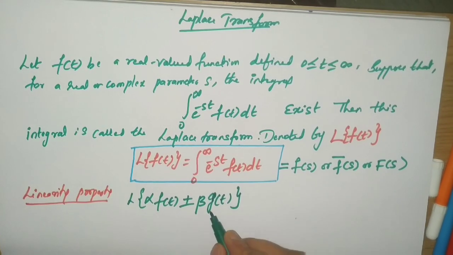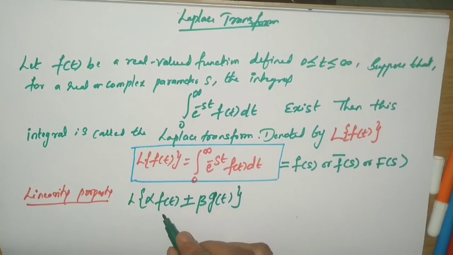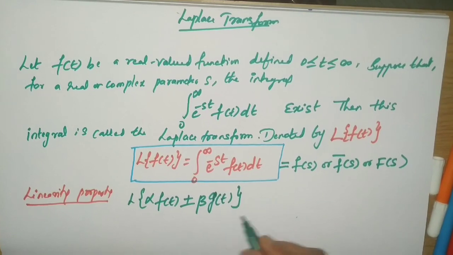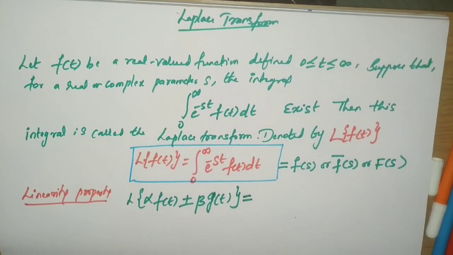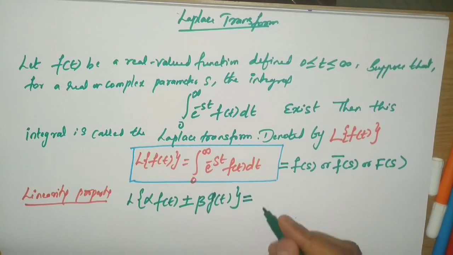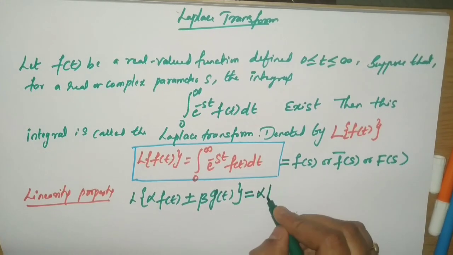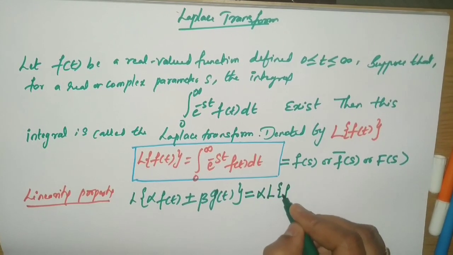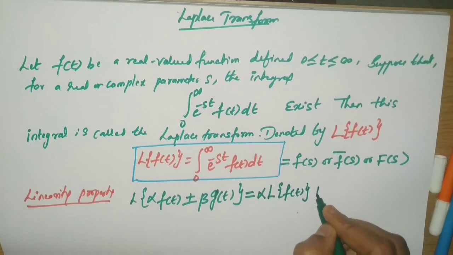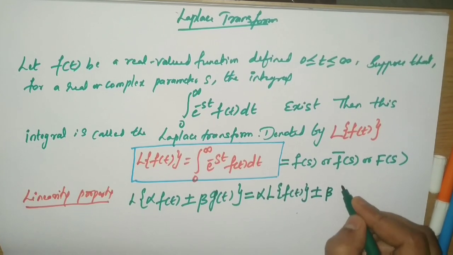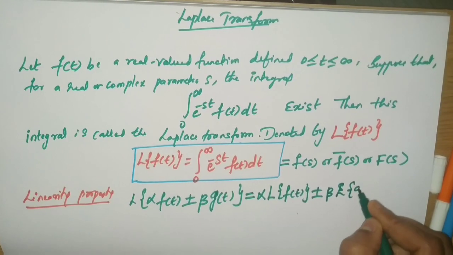Remember, here alpha and beta are constants. Whenever you have t, those are nothing but the functions. So you must have studied in your differentiation, integration: keep the constant outside and take the transformation to the function. That's all what we call linearity property. Okay.